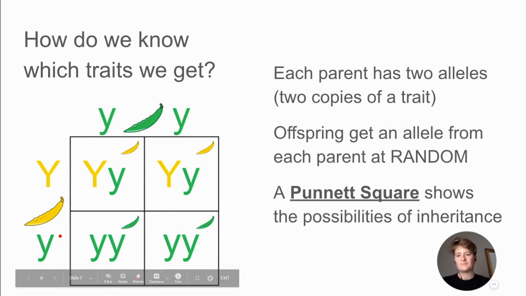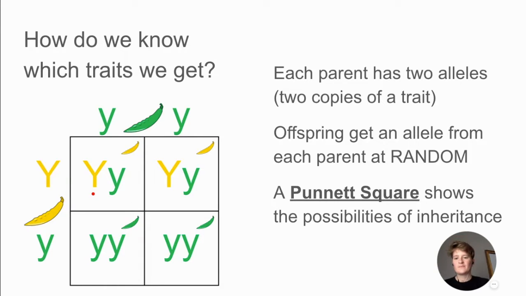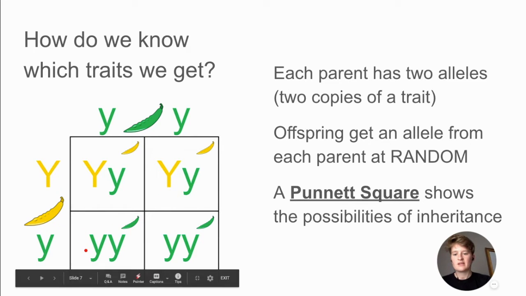There is a 50% chance, because 2 out of 4 is 50%, that their offspring will be yellow, because yellow is dominant. And there's a 50% chance that their offspring will be green, because two little y's make a green phenotype.